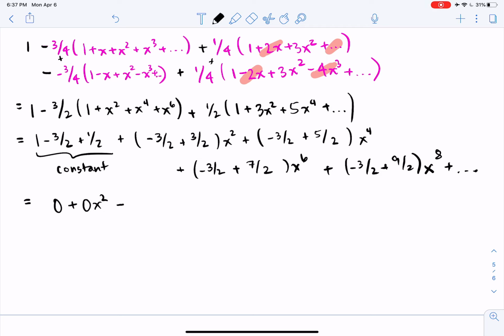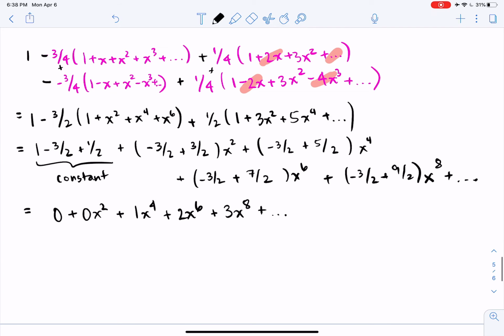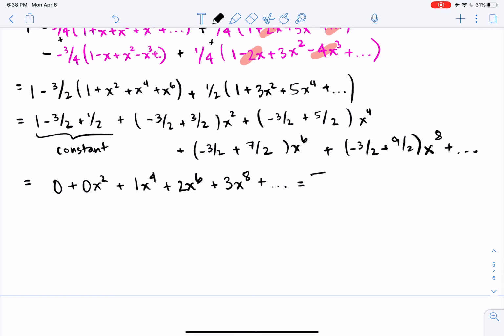Our x to the 6th term reduces to 4/2. That's 2. X to the 6th, 4. Negative 3/2 plus 9/2 is 6/2, which is 3. X to the 8th, okay? And this pattern will continue until you can eventually see that we're just adding up from n equals 1 to infinity the series n times x to the 2 times the quantity n plus 1 power.